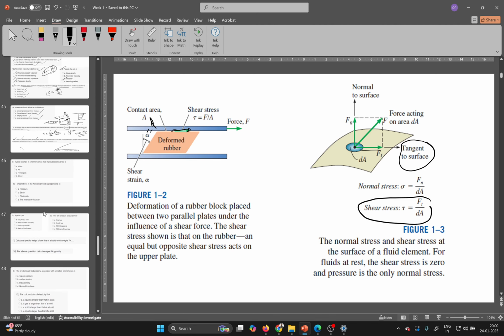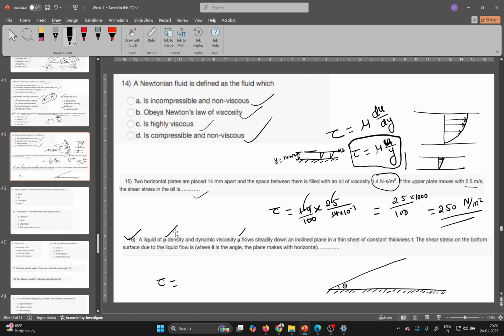So it is a very thin film, let us assume this is the liquid film, the thickness is T, and it is moving in this direction, let us suppose.